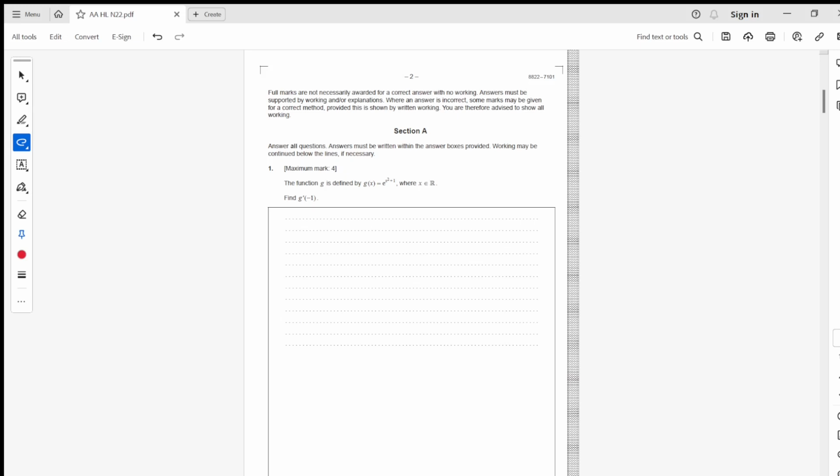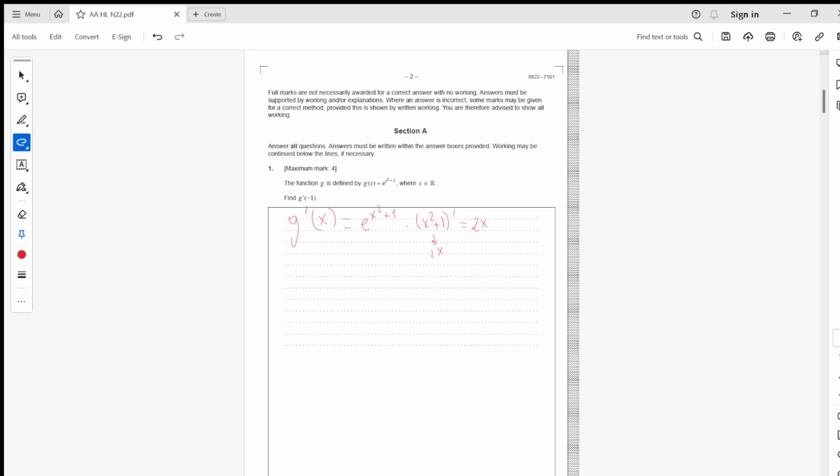So the first question asks us about the derivative of the function at x equals -1. What we can do is just take the derivative of this function using the chain rule. So it would be e to the x squared plus 1 times the derivative of x squared plus 1, which is 2x.